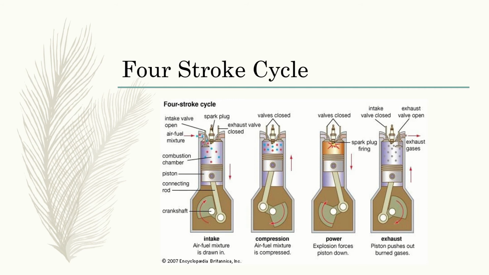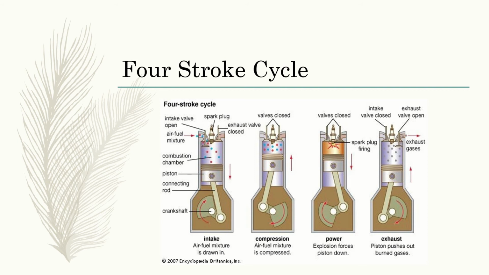In this stroke, the intake valve must be in an open position where the piston pulls an air-fuel mixture into the cylinder by producing vacuum pressure in the cylinder through its downward motion. The piston is moving down as the air is being sucked in by the downward motion of the piston.